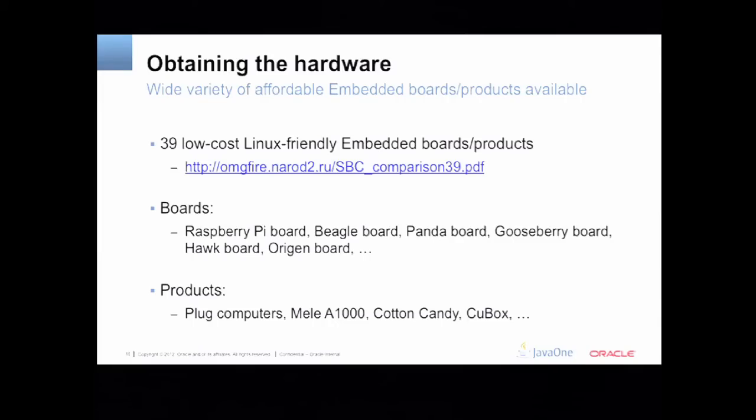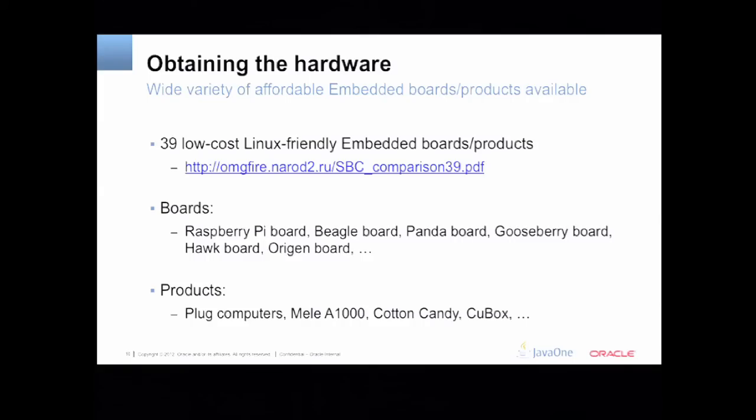I provided a link here to a website that mentions 39 Linux-friendly embedded boards and products. Some examples of the boards are the Raspberry Pi, Beagle board, Panda board, Gooseberry board. There is a whole list of them. You will find them in this resource that I provided.